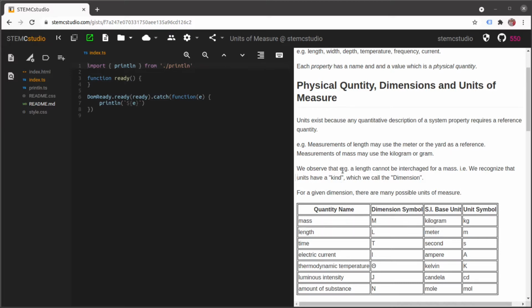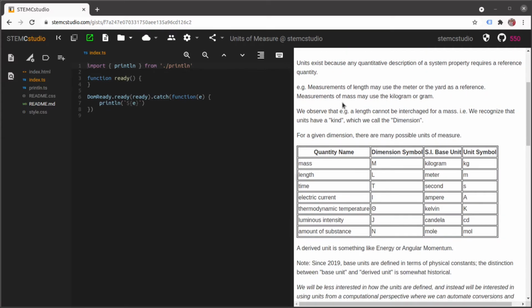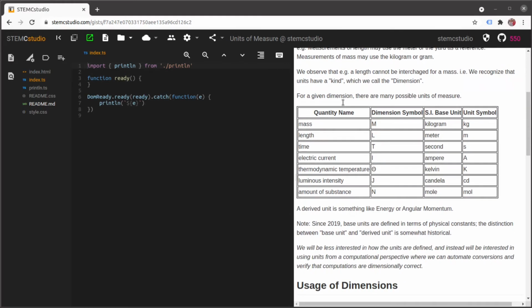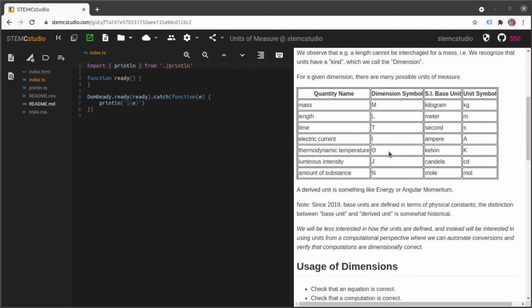How many of these different kinds of quantities, these different dimensions, are there? Well, I've created a table here. This table is taken from the International System of Units, the SI units as they are called. And there are 7 of those units. Now, we will only be concerned with perhaps the top 4 or perhaps even 5 of these.